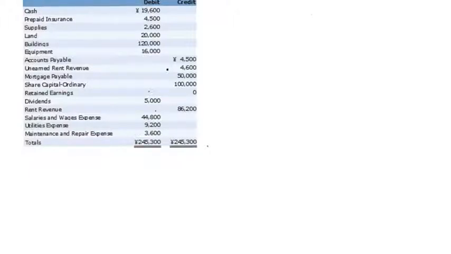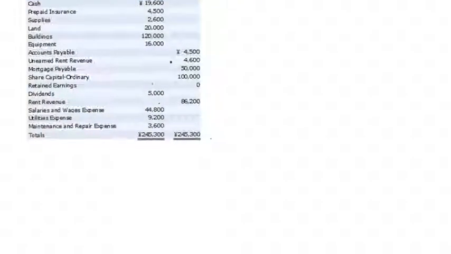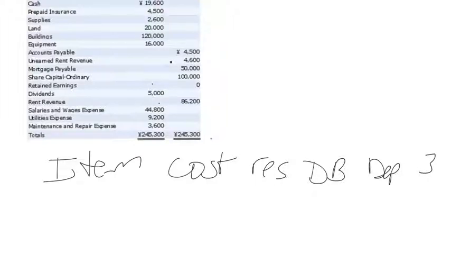Part 3 in your information says annual depreciation rates are buildings 4% and equipment 10%. Residual value is estimated to be 10% of cost. It's easier if you put it in a chart: the cost, the residual value, the depreciation base, the depreciation, and remember we're only doing 3 months of this.